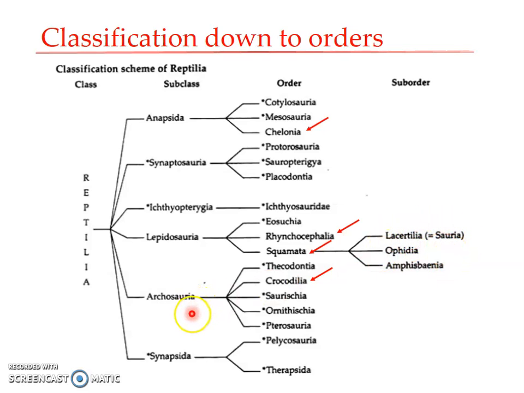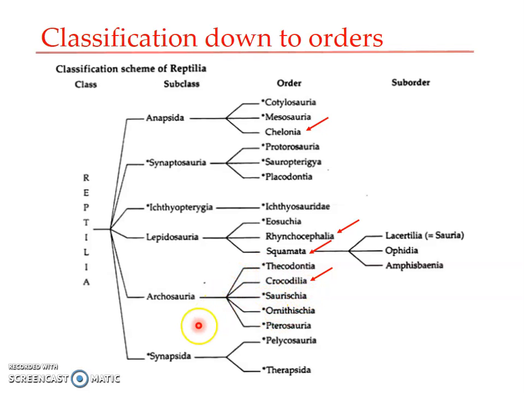Now, Archosauria, also known as ruling reptiles, are extinct diapsids with supratemporal and infratemporal fossae, and most of them are bipeds, that is, they can walk on two legs. Some others are flying, and they are divided into many orders, among which only the Crocodilia are living.